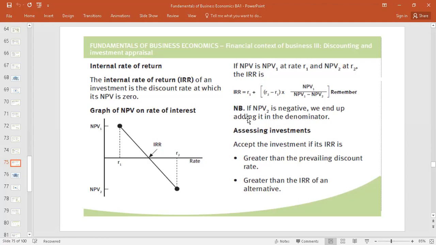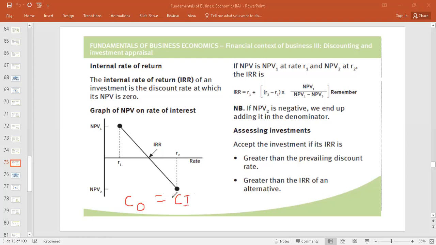Internal rate of return says that when there is a cash outflow, as against which there are cash inflows, these cash inflows are discounted at some R percentage, some discount rate.